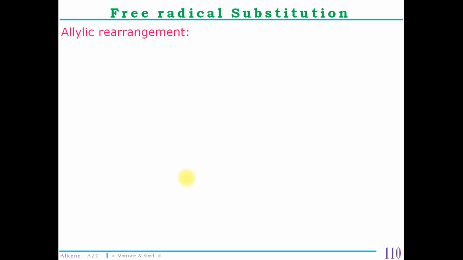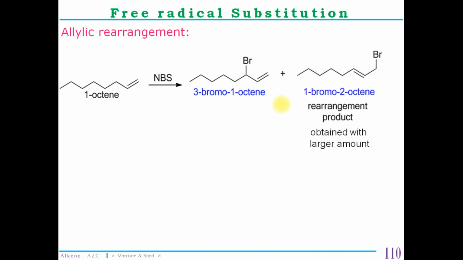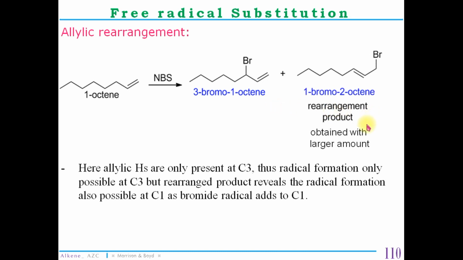Now we will see allylic rearrangement. For this we have an example where 1-octene reacts with NBS, which gives 3-bromo-1-octene. We know NBS is used to add bromine to an allylic carbon. However, we are getting another product, 1-bromo-2-octene, a rearranged product obtained in larger amount.